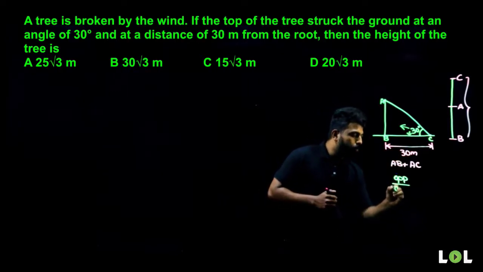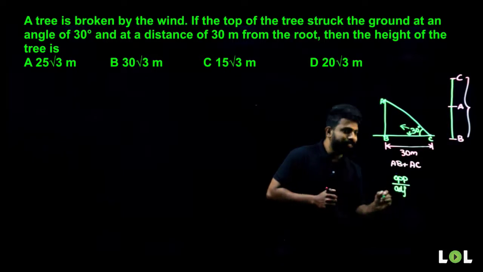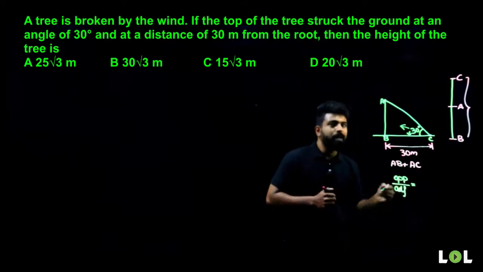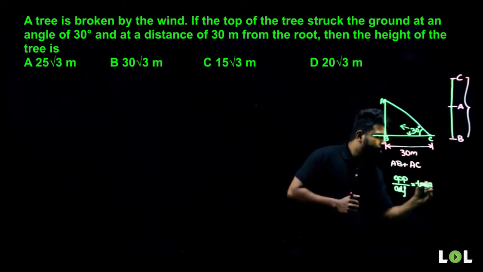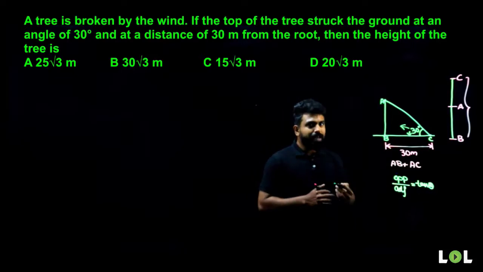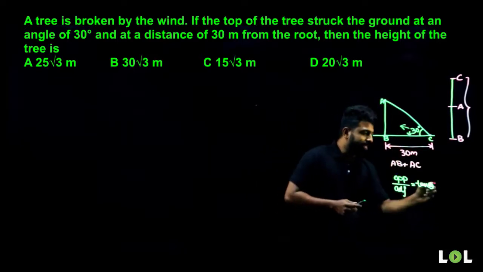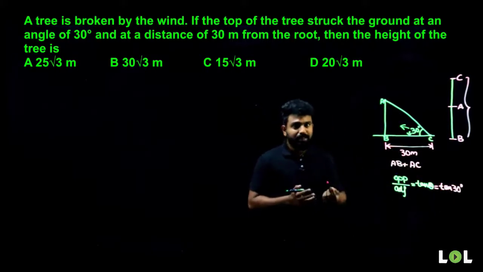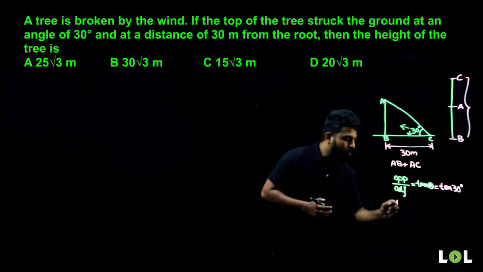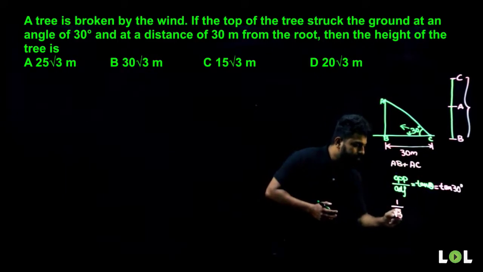So I'll take opposite by adjacent because I know the value of this trigonometric ratio. Opposite by adjacent gives me tan theta. What is the value of theta here? Theta is 30 degrees in this case, so it is equal to tan 30 degrees. Tan 30 degrees is 1 by root 3.